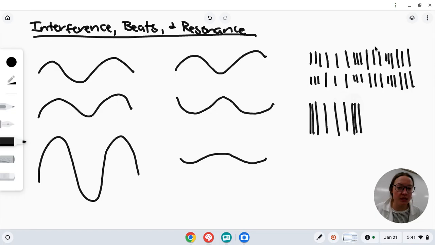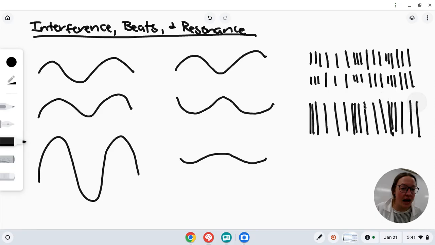These two rarefactions would add together and give you an even bigger rarefaction, and so on and so forth. Now, this drawing is more of an analogy than anything else. It's not like the wave would really look like this. What you really need to know is that here you would have more air getting compressed, and here you would have more air getting spread out.